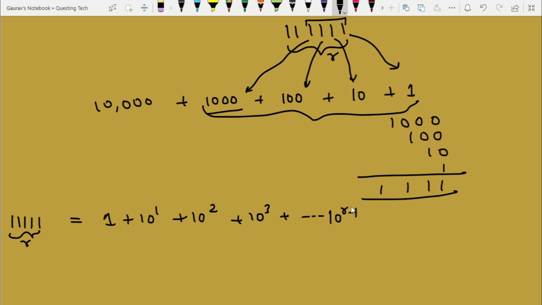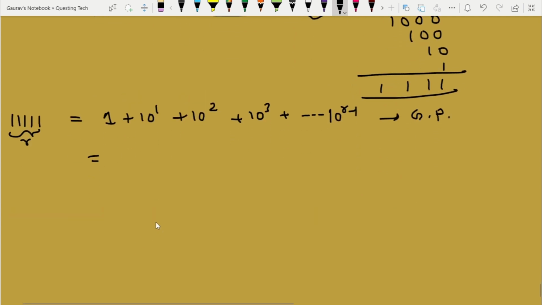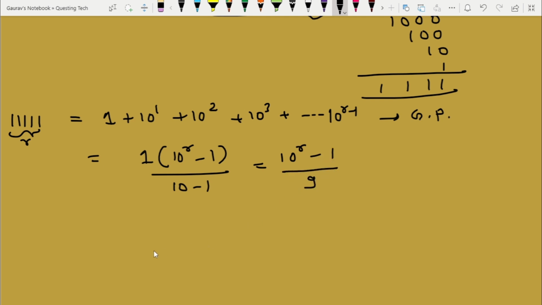This is a GP, a geometric progression, and we know the formula of its sum: with r terms, it is (10 raised to power r minus 1) divided by (10 minus 1). So this is (10 raised to power r minus 1) divided by 9. So basically we represented this number like this.